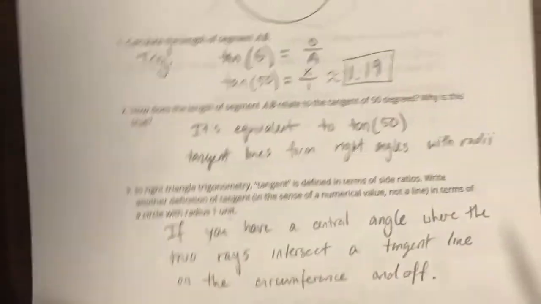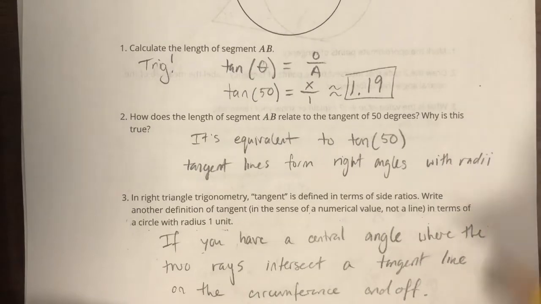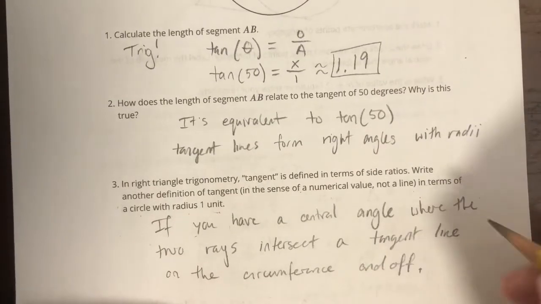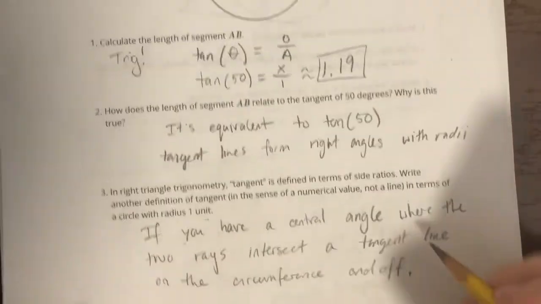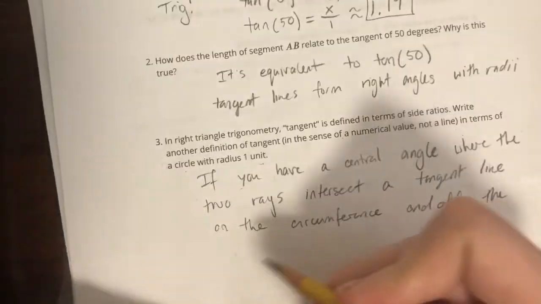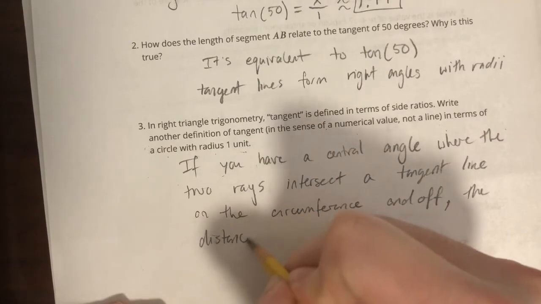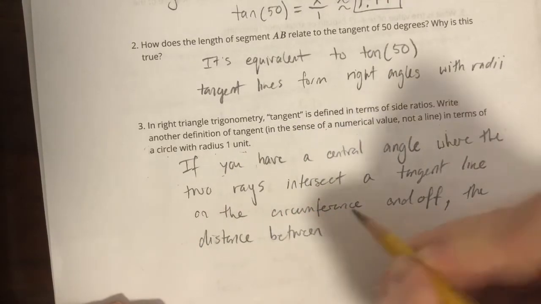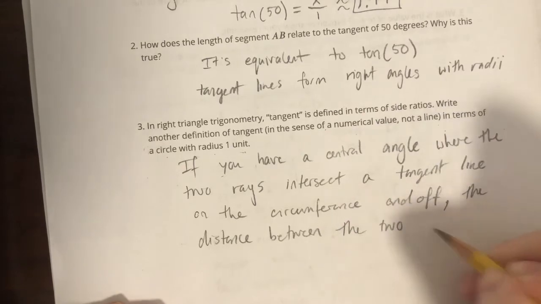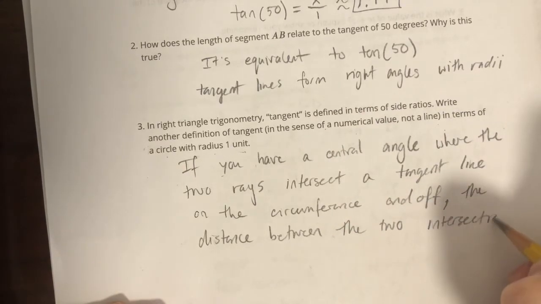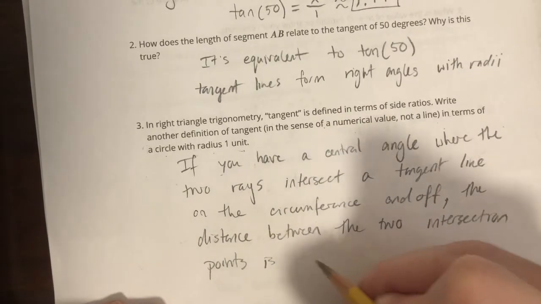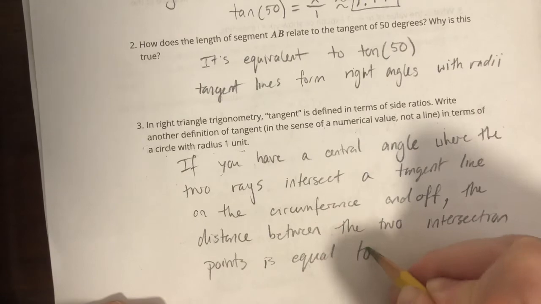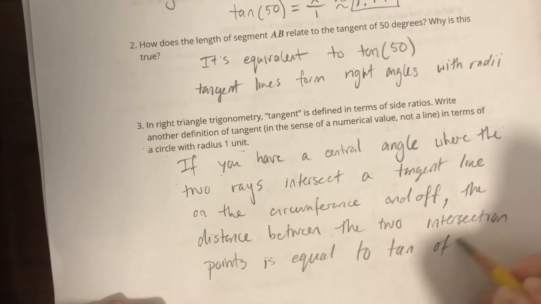I don't really think this is worthwhile, but then the distance between the two intersection points is equal to tan of the central angle.